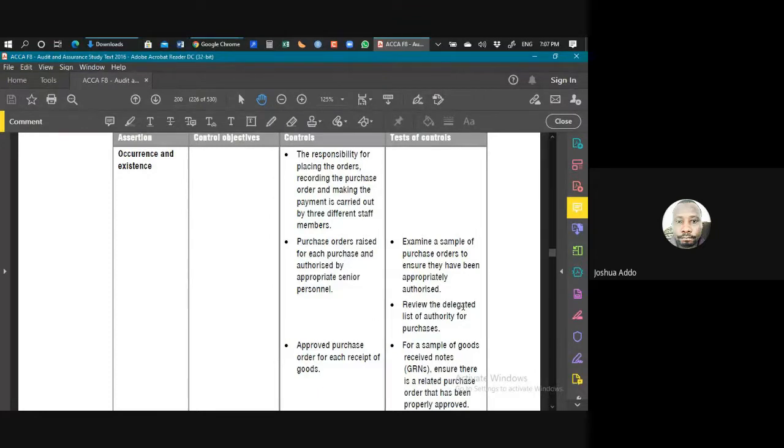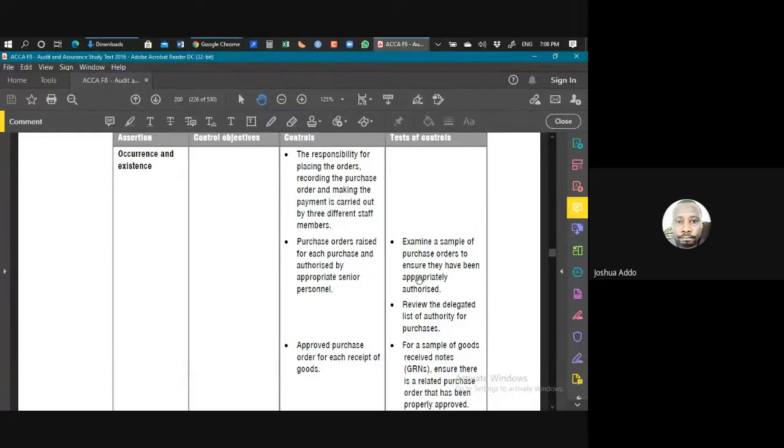Sometimes we just make purchases. Maybe we call the supplier on the phone, he brings it, and we didn't raise the documentation, we didn't raise purchase orders. This happens in all the other sections too, including the goods received section. It shouldn't happen that we receive the goods without the documentation. Documentation should be intact throughout the whole process.